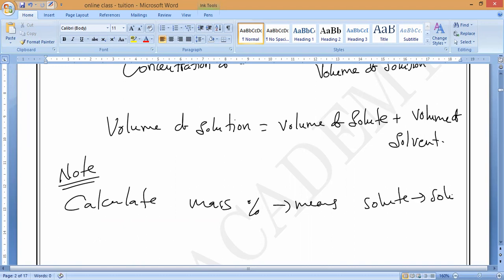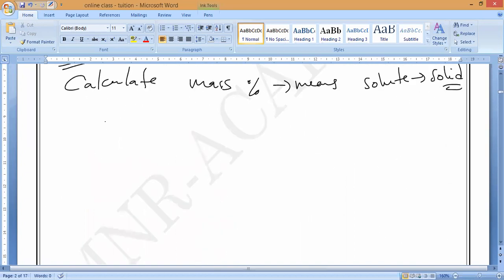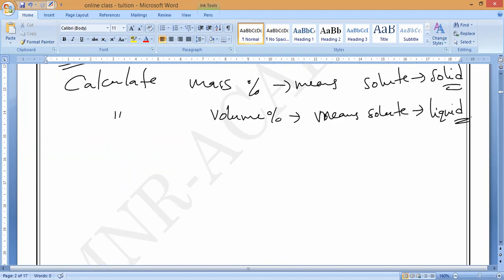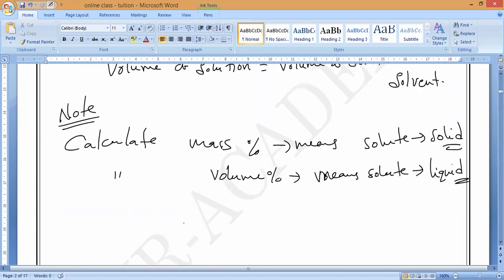Whenever they say calculate volume percentage, it means the solute is in liquid state. Everybody must know it. Note it down till here, all of you.